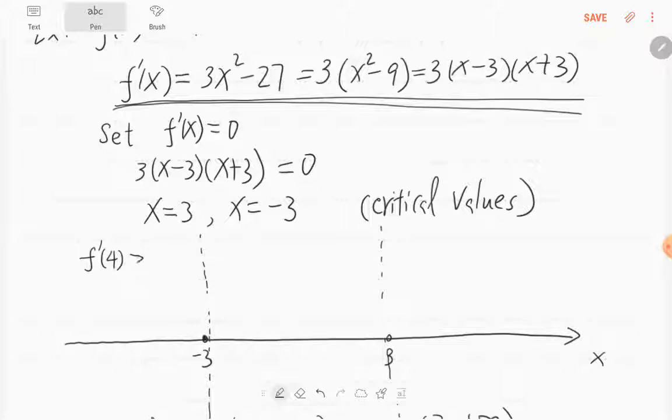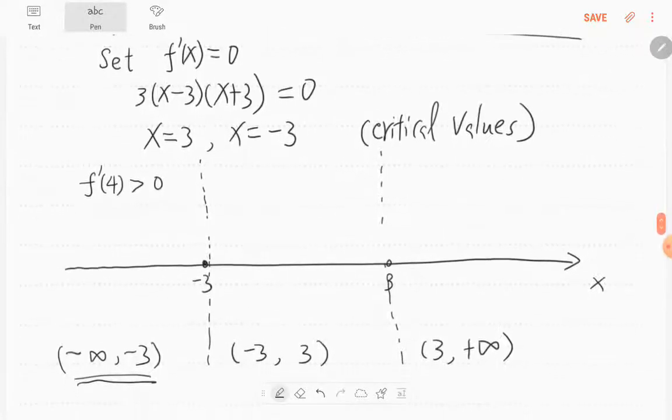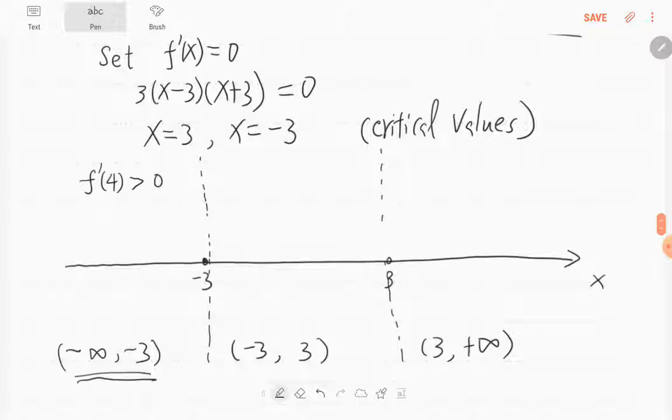We don't need to know the exact number, we just need to know it's positive or negative, right? So we plug in 4, so here is 4 minus 3 equals 1, 4 plus 3 equals 7, both positive, so it's positive, right? So this is positive. So then we can get the conclusion that on the whole interval, the derivative is always positive.